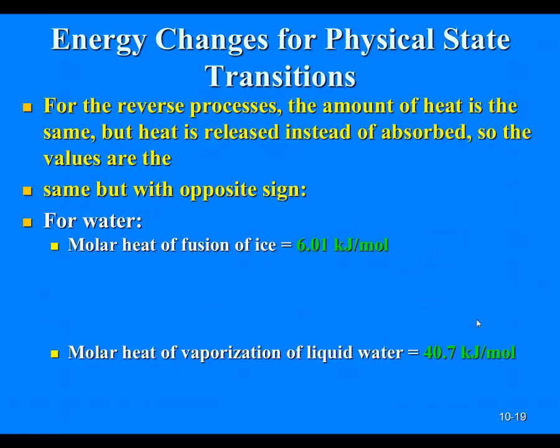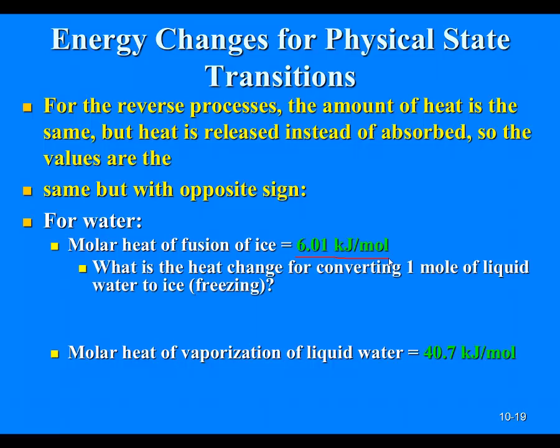Now, let's consider some energies of vaporization or fusion. Let's say we're looking at the fusion of ice. The enthalpy of fusion of ice is 6.01 kilojoules per mole. Now let's consider what would be the relationship if we were looking at the freezing process.